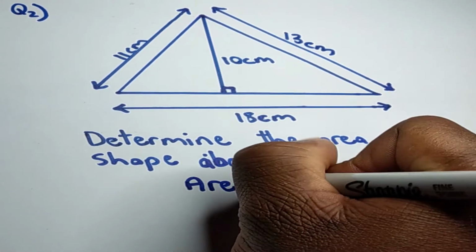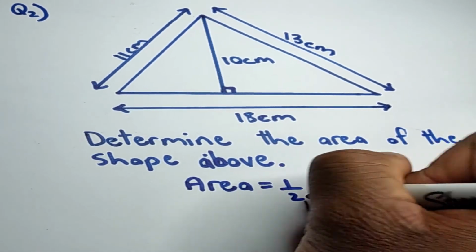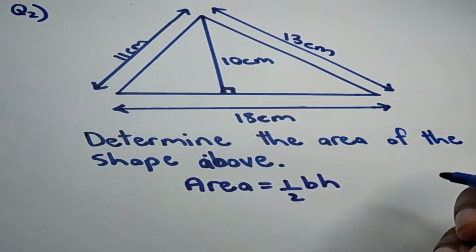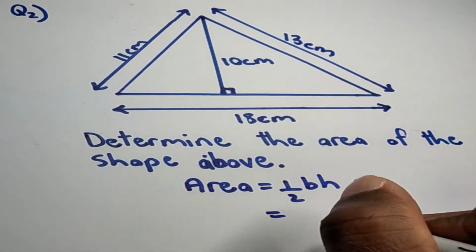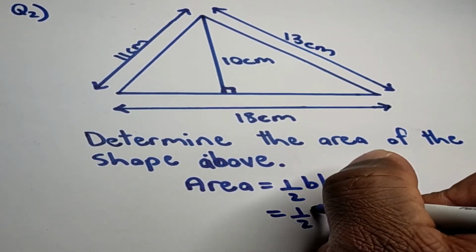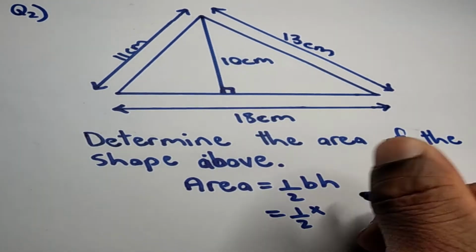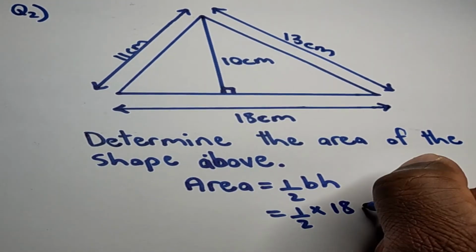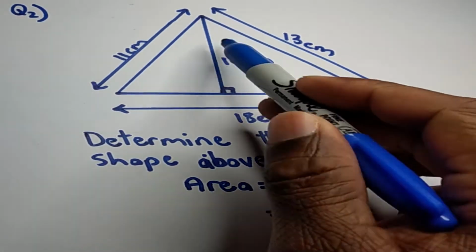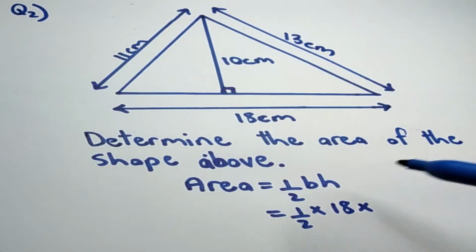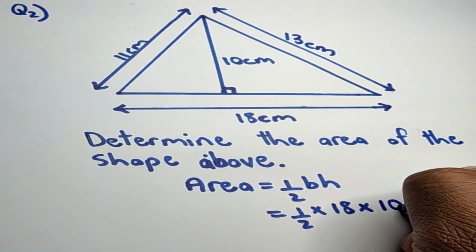Area is equal to half the base times the height. So we want to find half times the base. In this case, our base would be the 18 centimeters down here, times the height, which would be 10.